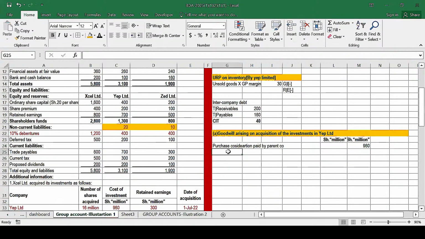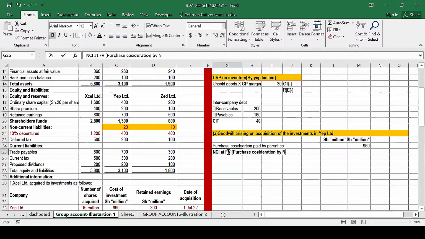We add something called the NCI at fair value. And I hope you can also recall that when we talk about NCI at fair value, this, in other terms, is the purchase consideration paid by minority shareholders. So when the minority shareholders acquired the remaining 20% of the shares, this is the amount they paid. Purchase consideration by who?